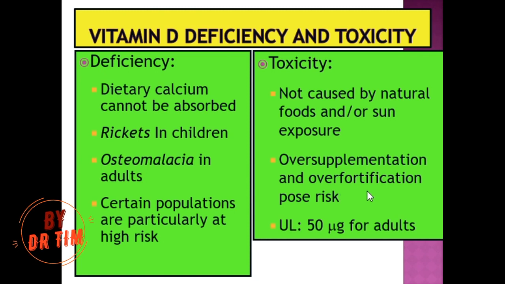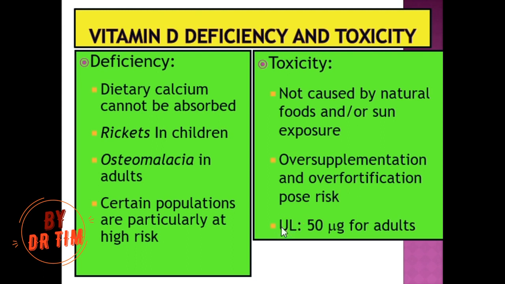Okay, over fortification also poses risk, meaning people who get vitamin D from food that is fortified with vitamin D. For example, as I mentioned earlier, milk is usually fortified with vitamin D. So toxicity is usually due to oversupplementation or overfortification.